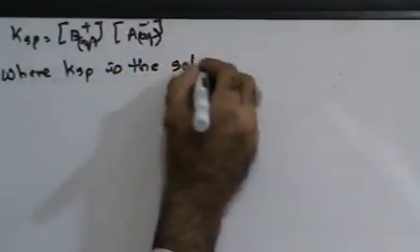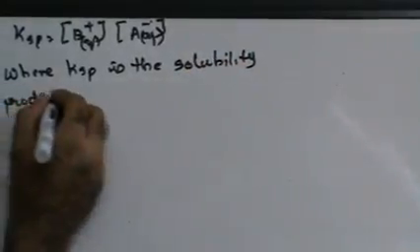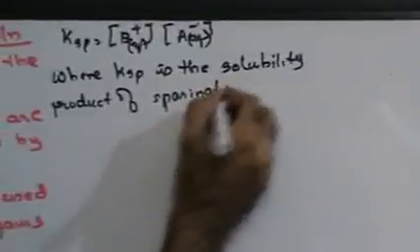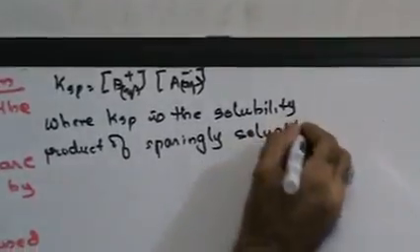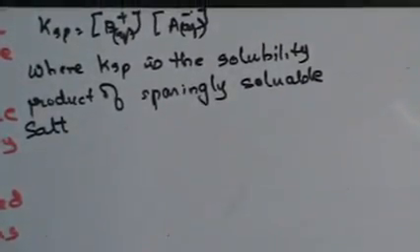That is your solubility product, where KSP is called the solubility product of a sparingly soluble salt. Fine, we get this in here. This is your expression for solubility product.